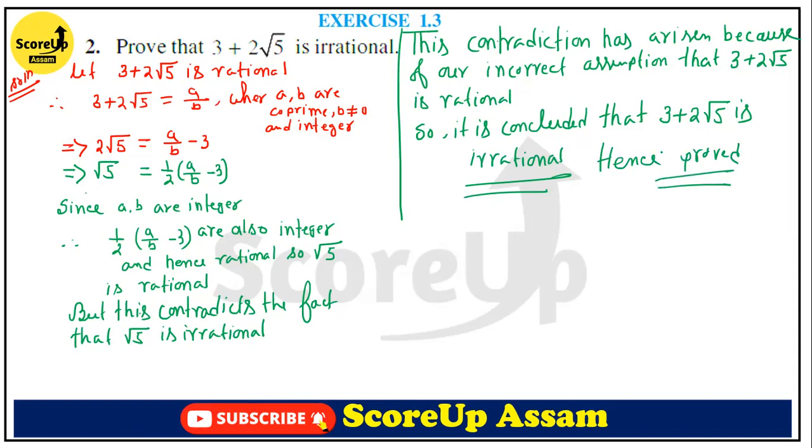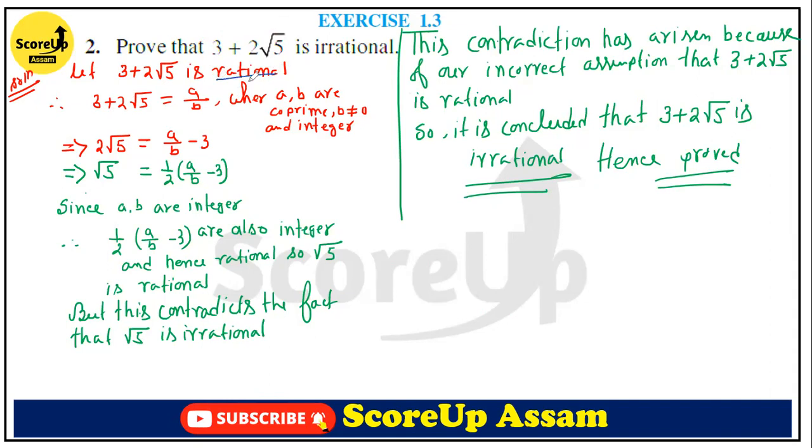So how have we done it? Let me show you. Let 3 plus 2 root over 5 be rational. We have assumed it is rational. The definition of a rational number is that if a number can be expressed in the form p by q, with q not equal to 0, it is called a rational number.